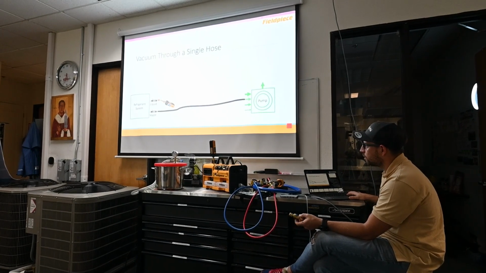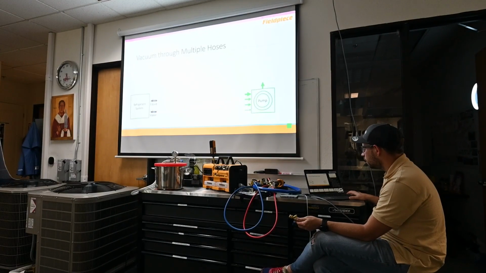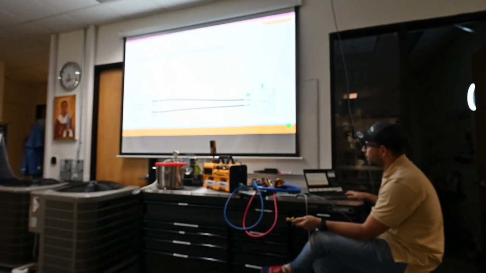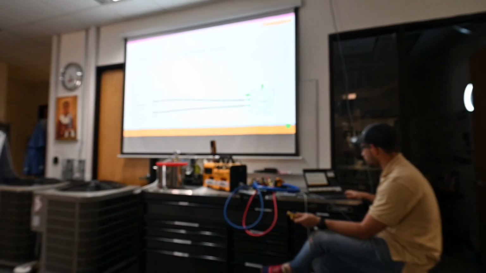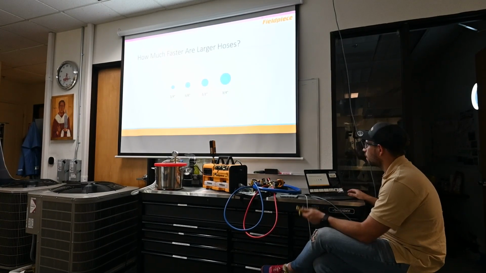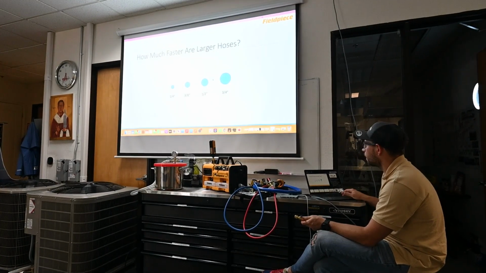It's much easier and much faster. Or we can vacuum the system through multi-type hoses from the vapor line and liquid line. It will be much faster. How much faster are large hoses? Quarter, 3/8, half, and 3/4.